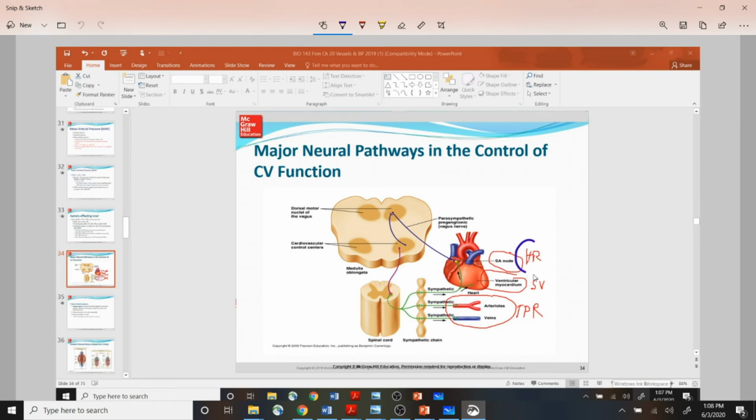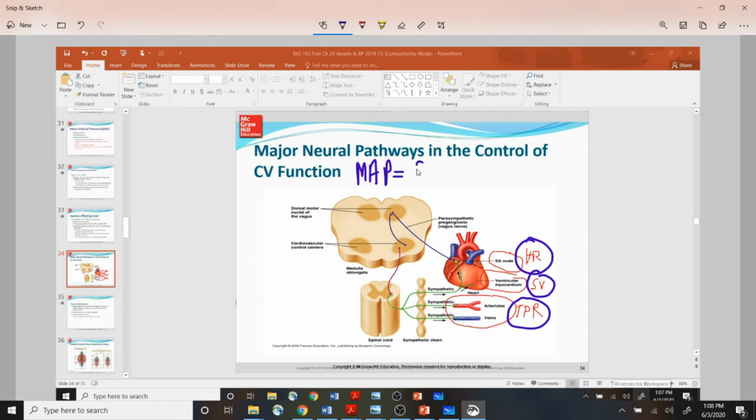Notice it can control heart rate, it can control stroke volume, and now the sympathetic nervous system has control of total resistance.